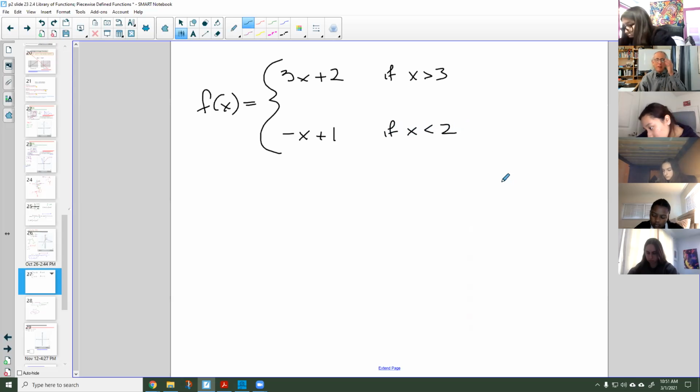Yeah, this is a good one. I like this problem. I think this is going to be good. All right, everybody got that written down? Yes, and I want you to graph it and give me the domain and the range.